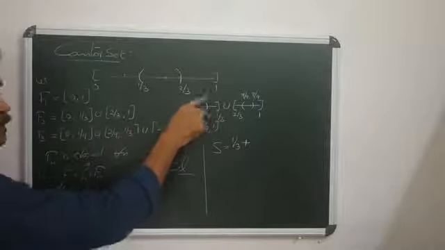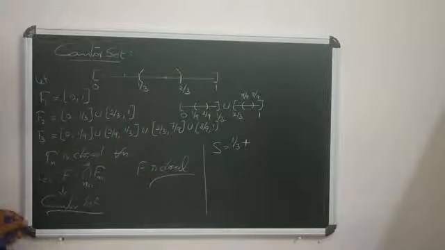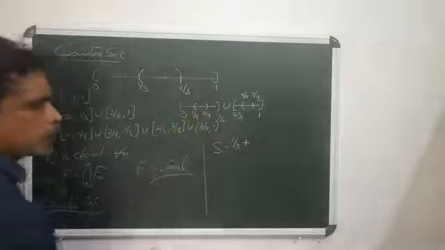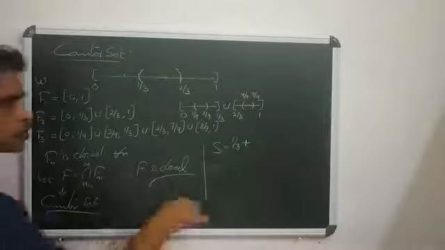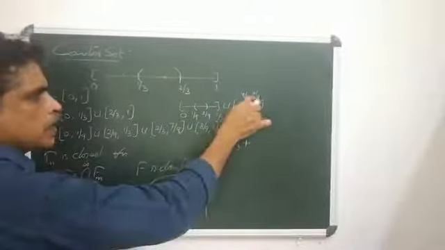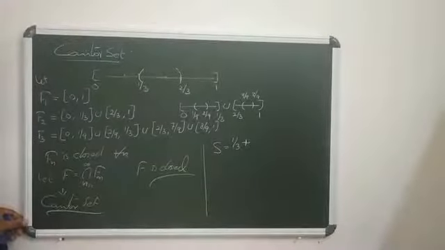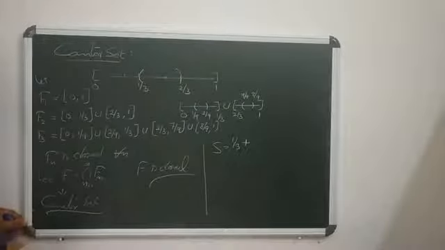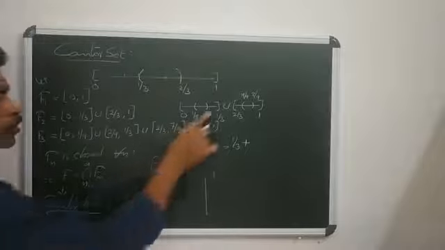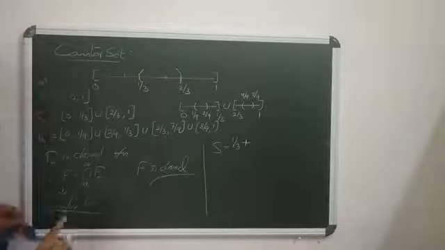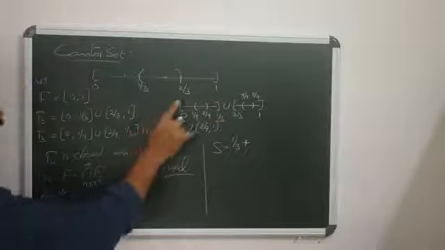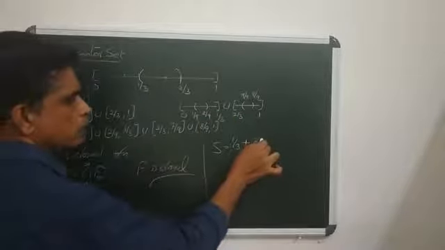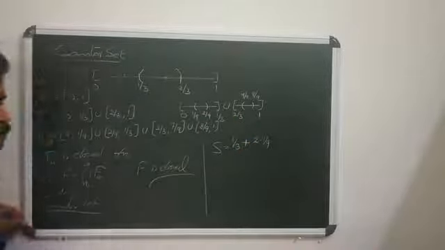This is the second middle third interval removed, so its length is 2 by 9 minus 1 by 9, which is 1 by 9. Plus 8 by 9 minus 7 by 9, the next middle third interval removed, again 1 by 9. So 1 by 9 plus 1 by 9 is 2 into 1 by 9.